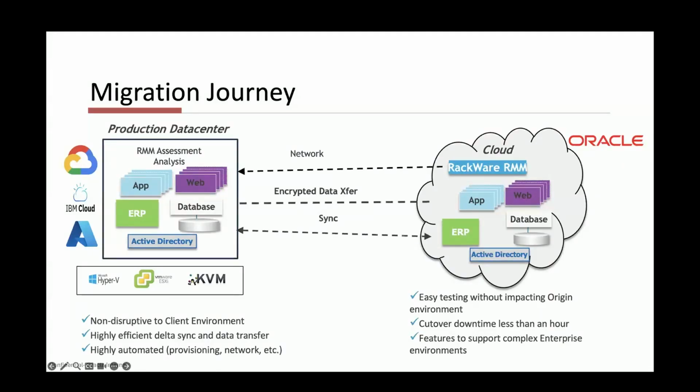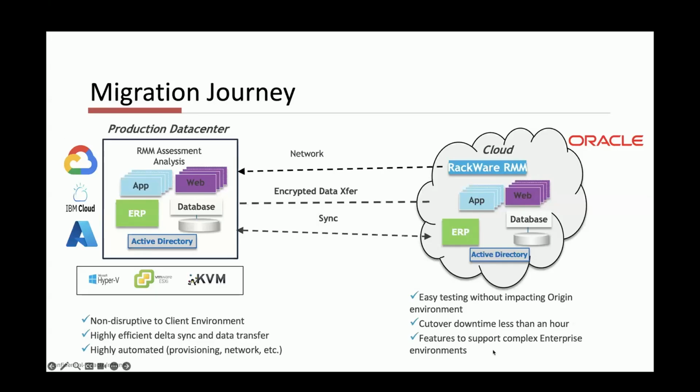The right-hand side is the destination where you want these workloads to be migrated. The blue box on the right-hand side is a Linux-based virtual machine on top of which the RMM software is running. So RMM stands for RackWare Management Module. And this is the software which allows you to address the use cases of assessment, any-to-any migration, disaster recovery and backup for Windows and Linux-based workloads, x86 architecture, infrastructure as a service.